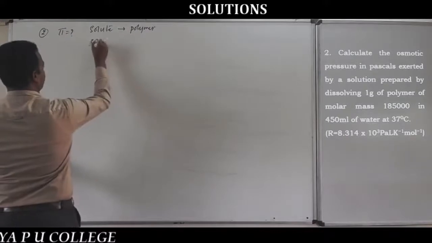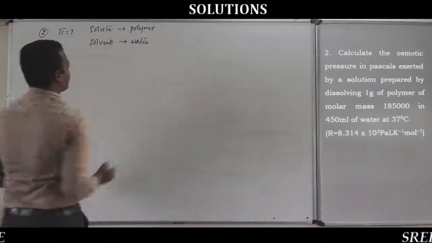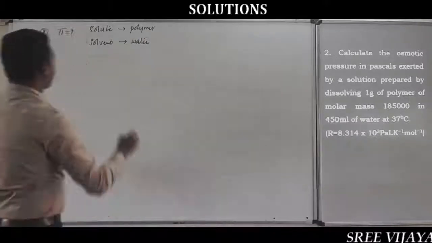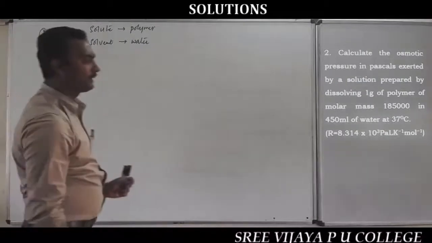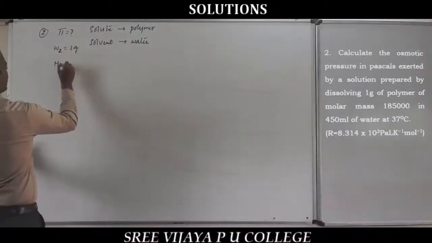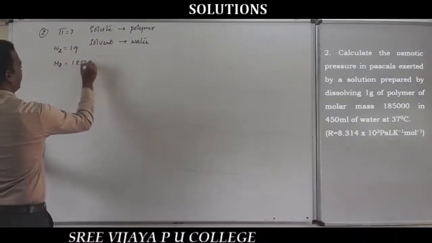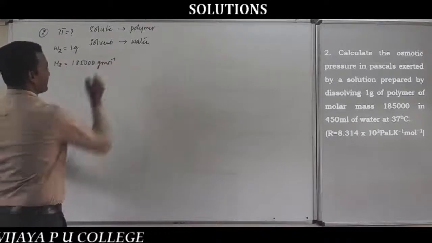The solvent is water. So what is the mass of solute? That is the mass of polymer, 1 gram. That is W2. Mass of solute is equal to 1 gram. Molar mass of polymer, that is the solute, M2 is equal to 1,85,000 gram per mole, which is the molar mass unit.